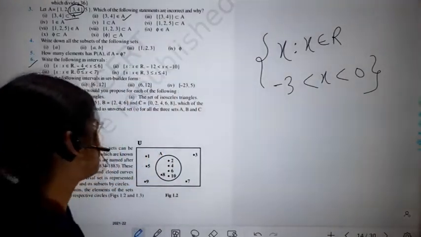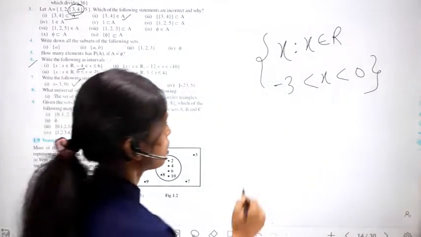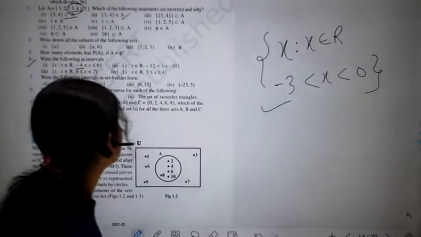Then you can represent this one in such a way in set builder form.